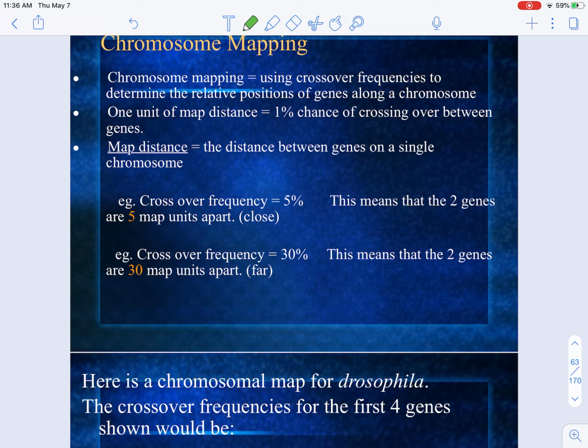And the amount of times they see the two genes that they're studying having unexpected results would then be considered a clue as to how far apart they are.